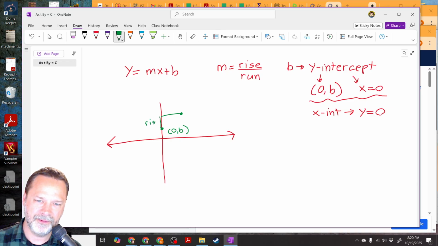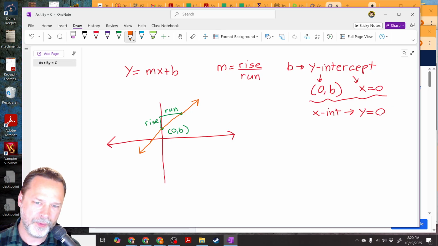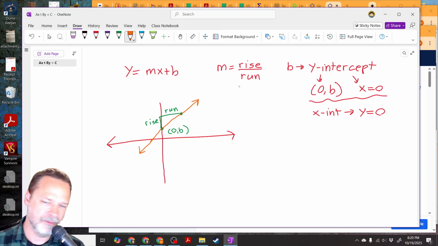So once we know our intercept, we go up for our rise, we go over for our run, or down and over, depending if it's negative or positive. And then we would have another point on our line. Once we have 2 points, we can graph it, and we know what we got. Okay, so that's the idea.